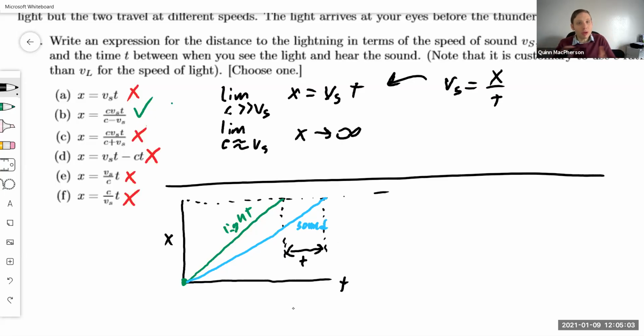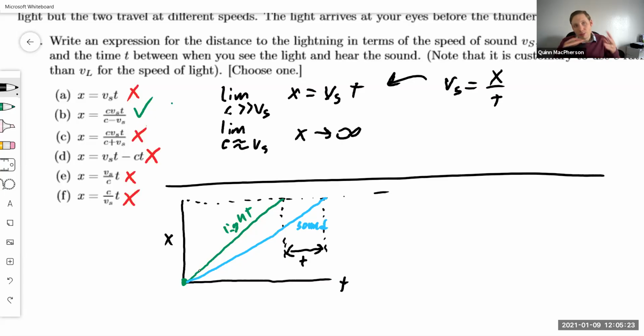So you can think of there being 3 relevant times in this problem. Time equals 0 when they both start, time when light arrives at our eyes, and time when sound reaches our ears. So basically the time we count is the time between when we see the light and hear the sound. And we want to know x.